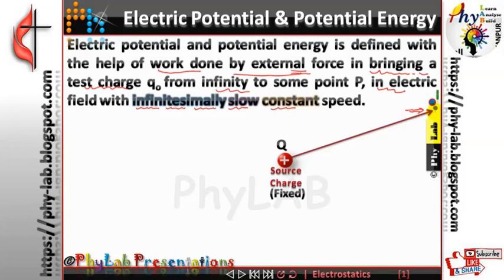I am bringing some charge q naught, which I am calling the test charge, from infinity towards this source charge at some point P. Presently this test charge is located at point x, at a certain distance x, and then I am going to bring it to this point P, which is located at a distance r from my source charge.